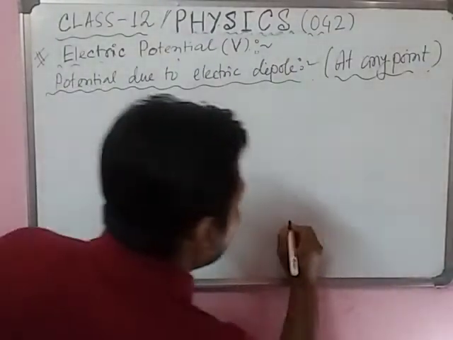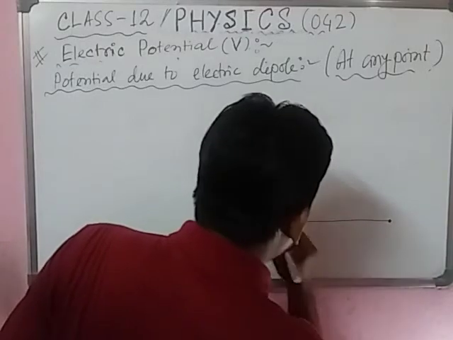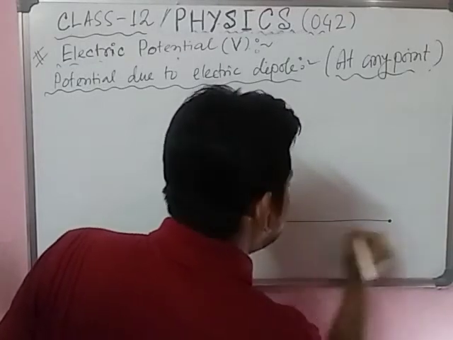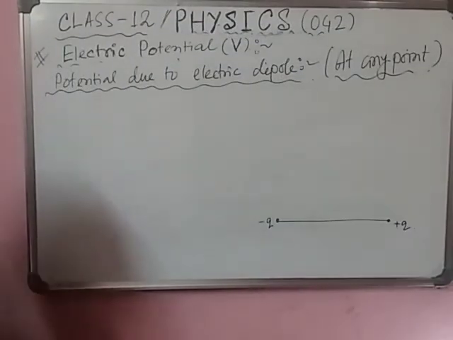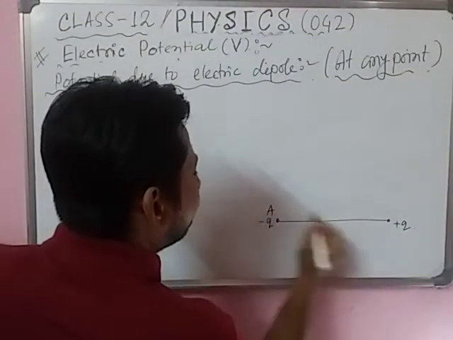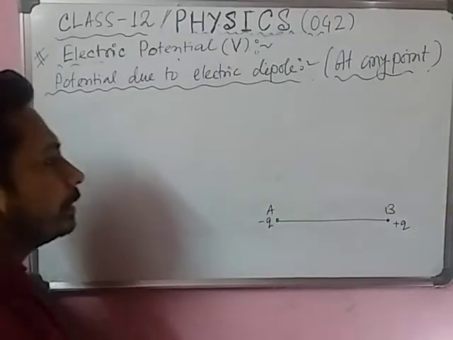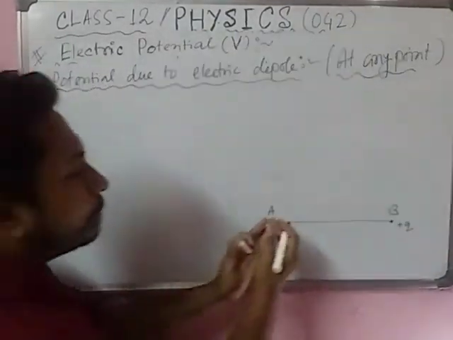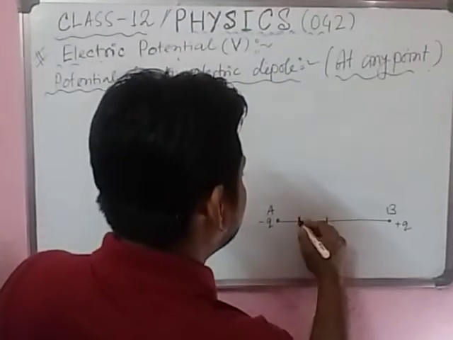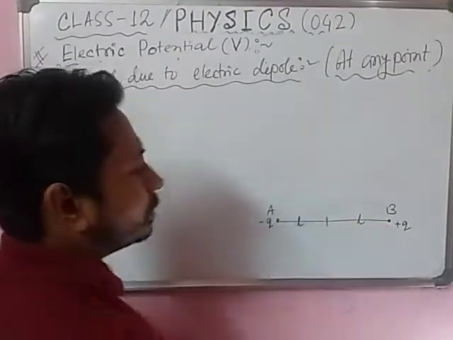So first of all, we'll take a dipole. Here is the minus q, here is the plus q. So you know the dipole, two equal and opposite charges. Equal means q, opposite means plus, minus, separated by a very small distance. The distance is 2L, very small distance.